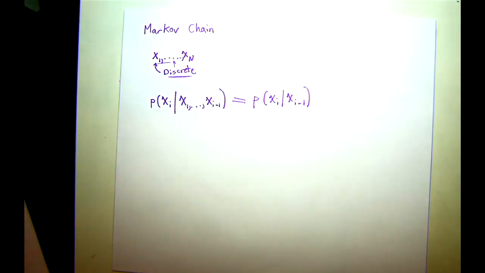That's basically the definition of a Markov chain. If you have a sequence of samples from a distribution of these random variables, and the probability of the ith random variable is only based on the item that came directly before it, then it's a Markov chain.